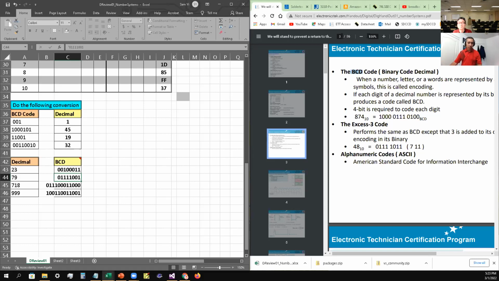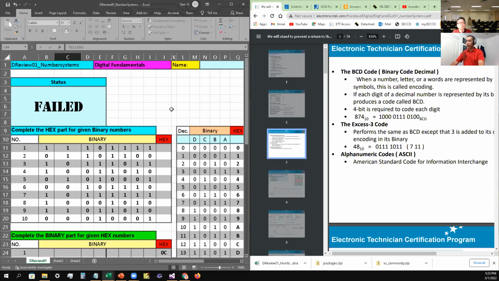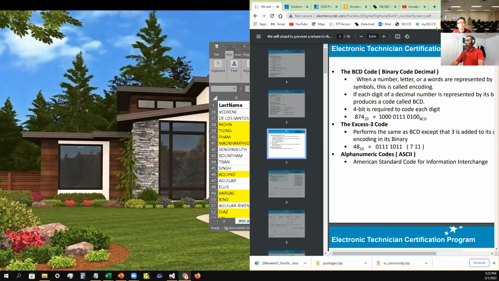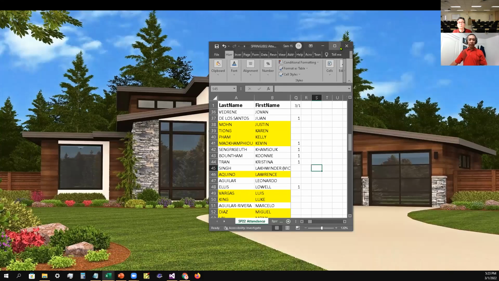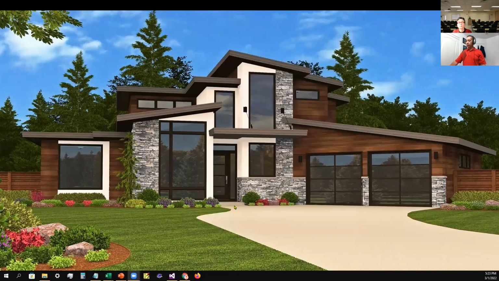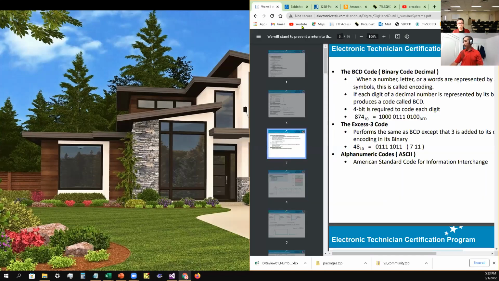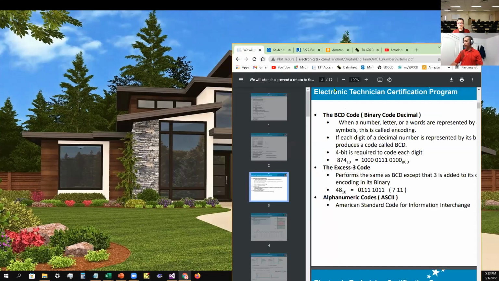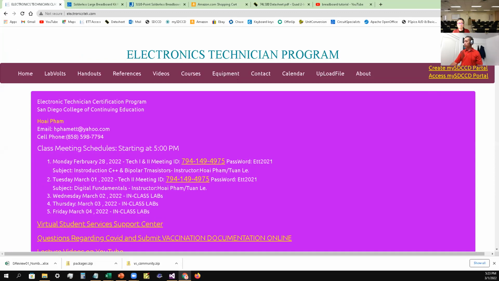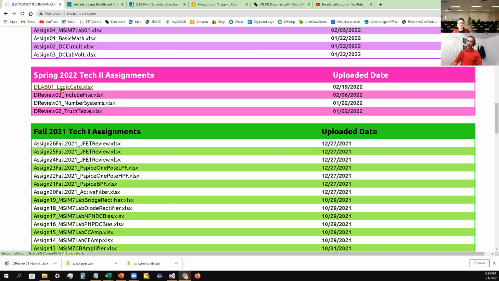The next thing, later on. Also, like Mr. Pham said, if you guys are planning to build a circuit board, we need to start collecting names of students who want to purchase the breadboard, so you can do your lab for your first D-Lab, D-Lab 1, which would be this right here.